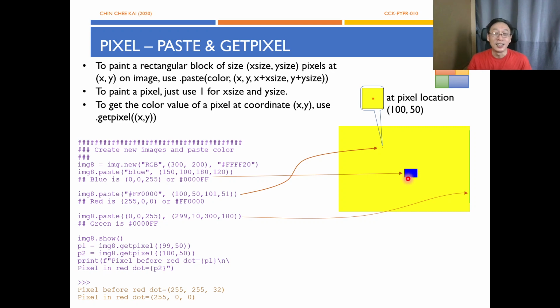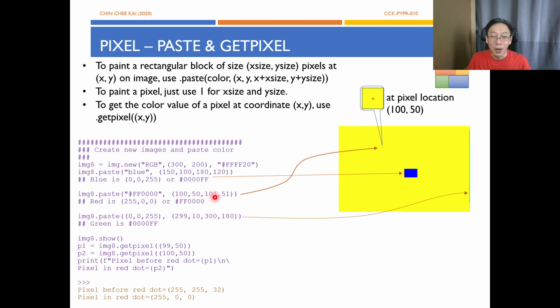The nice thing is it is also efficient when you reduce the size to 1 pixel. So you go x, comma y, comma x plus 1, comma y plus 1. So that will be painting 1 pixel at exactly x, comma y. So that's what we do here. We do a dot paste, red, full red, no green, no blue, at the point 100, comma 50, this point here, and I enlarge it to show you here.